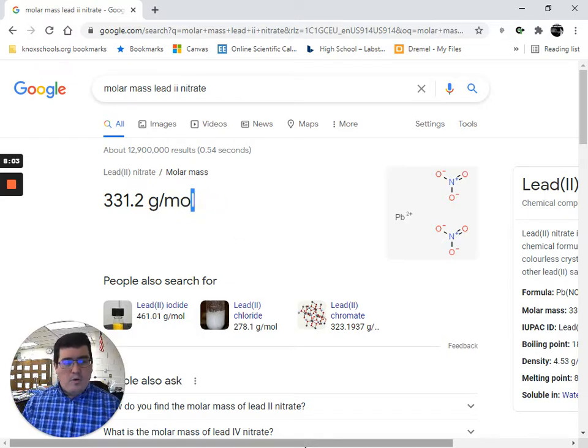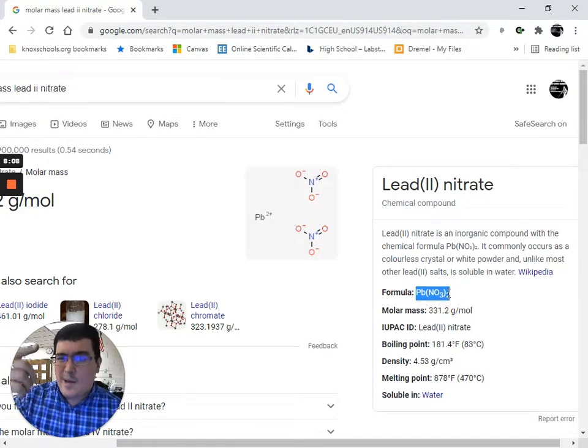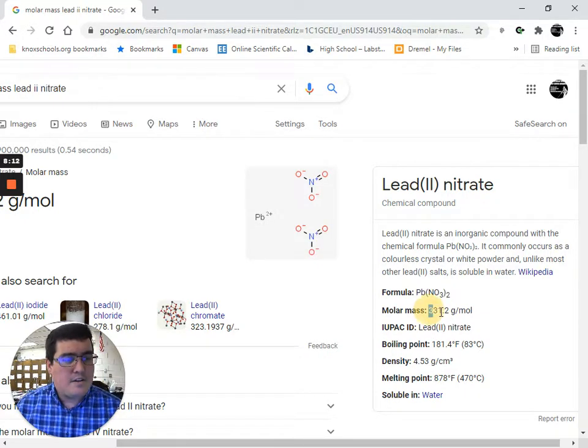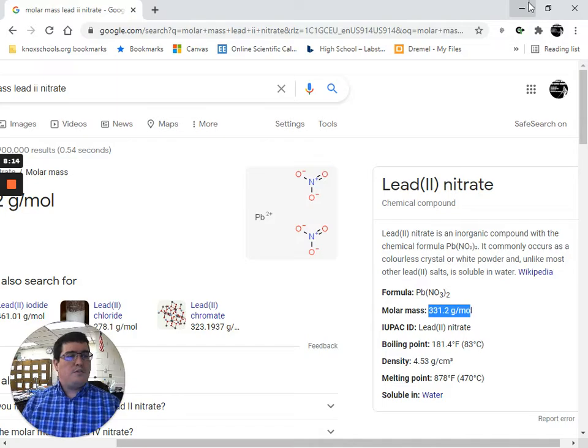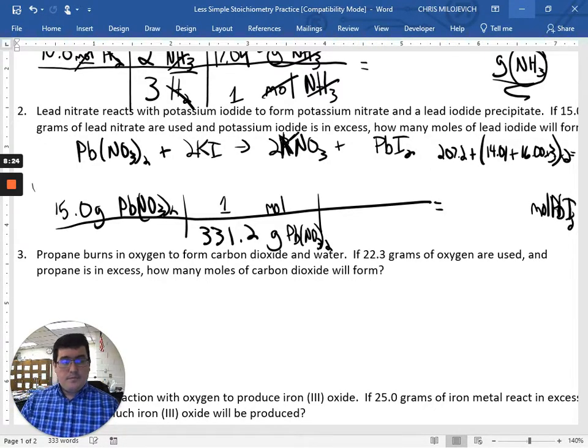And if I want to double check, I can look over here and it gives me the formula. I'll make sure I got the right formula. So this is lead nitrate, and there's the molar mass, 331.2. So 331.2 goes in front of grams. What goes in front of moles is a 1. Gone, gone.